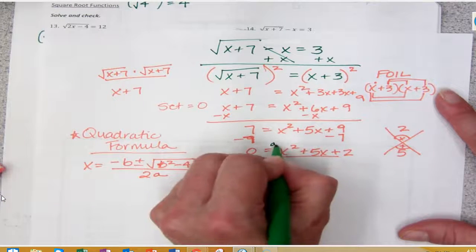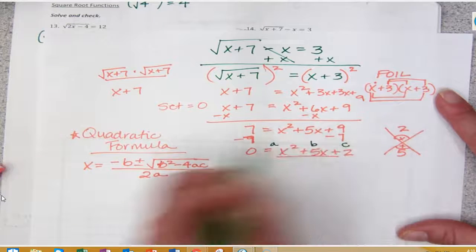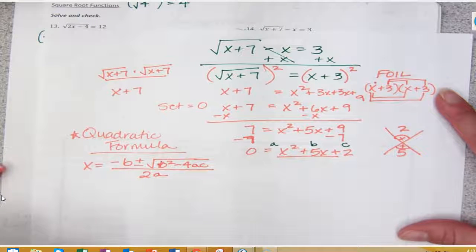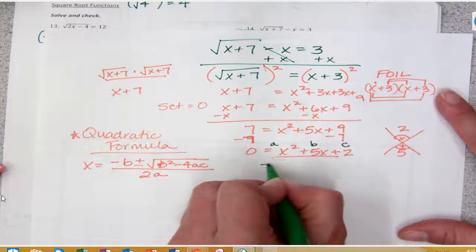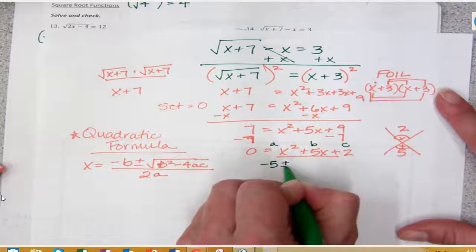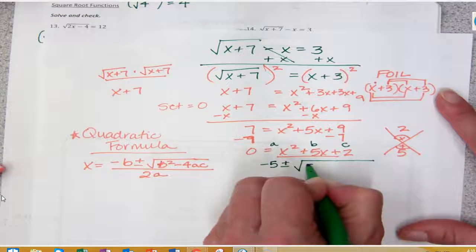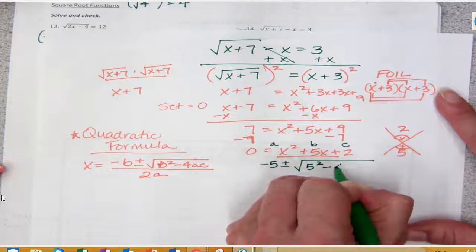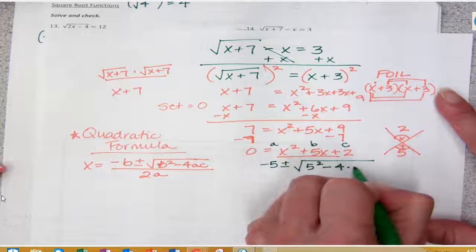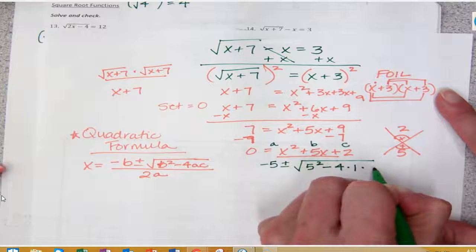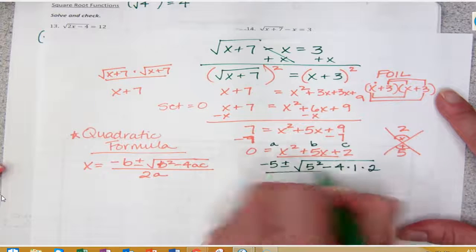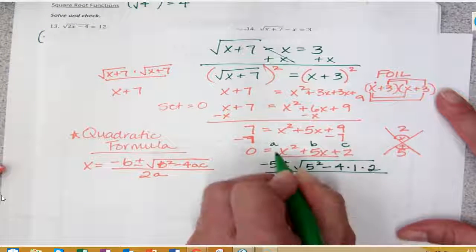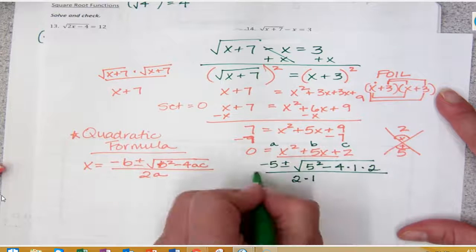This is your a, this is your b, this is your c. So it's going to be negative 5 plus or minus the square root of 5 squared minus 4 times 1, which is a, times c, which is 2, all over 2 times a, which is 1.